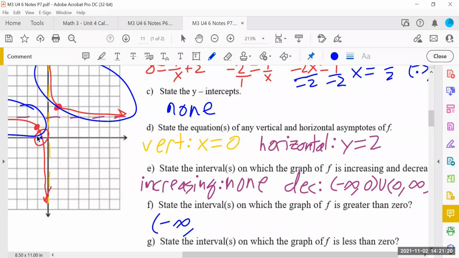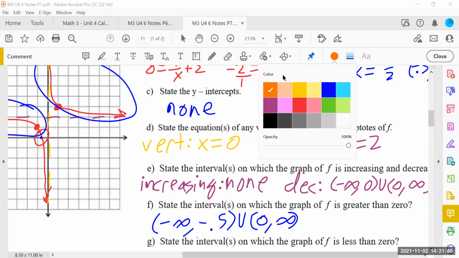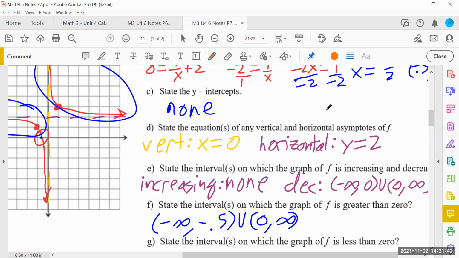So it's going above the x-axis from negative infinity to the x-intercept, negative 0.5. And then it's below until it gets to the asymptote. And then it starts above again from 0. And the whole rest of the time it stays above. So when they ask me, where is it below the x-axis? Well, that's just this piece right here.